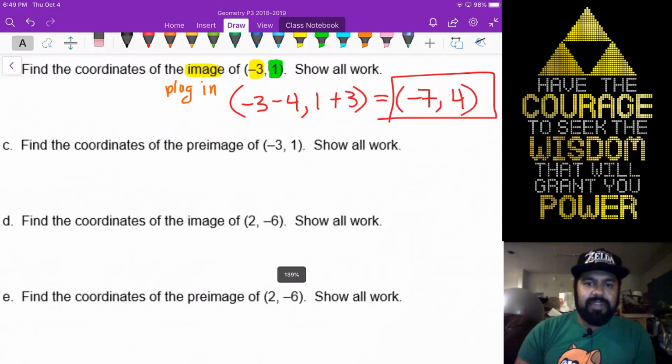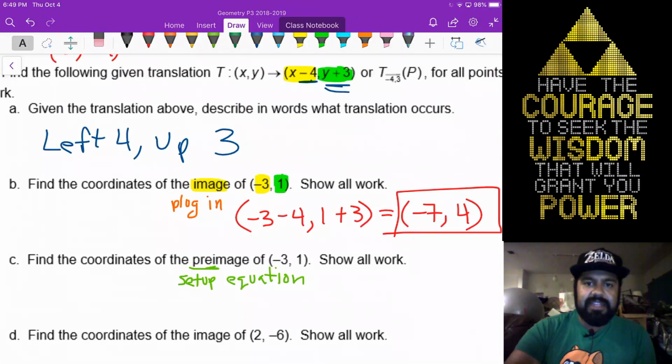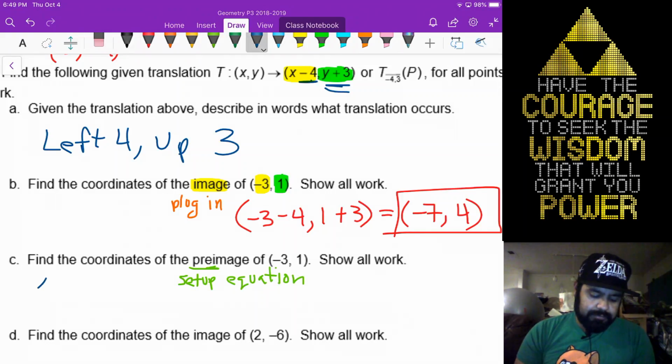We're finding the pre-image now. So again, pre-image means set up the equation. I can spell. So for this one, we have to be careful because what we're saying is the x minus 4 from the original transformation is being set equal to the x coordinate of our point.